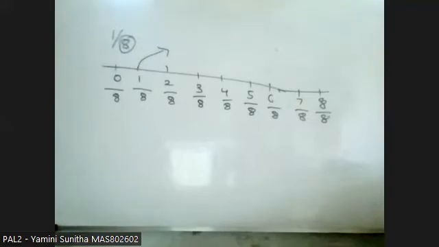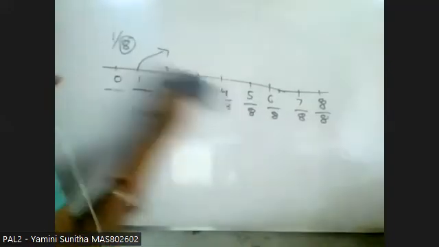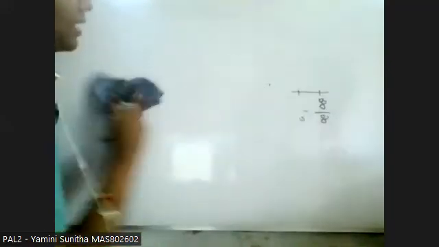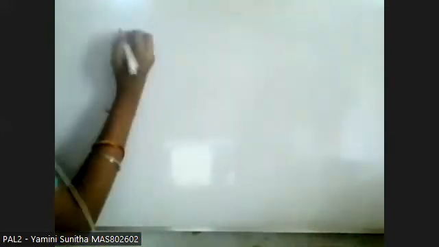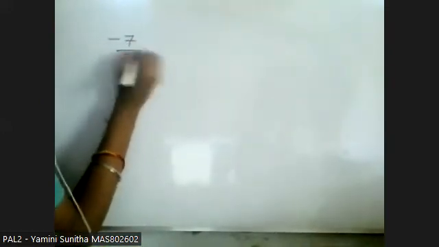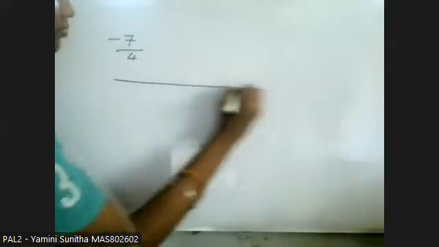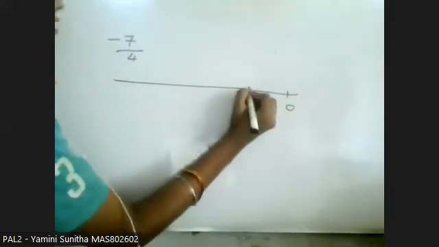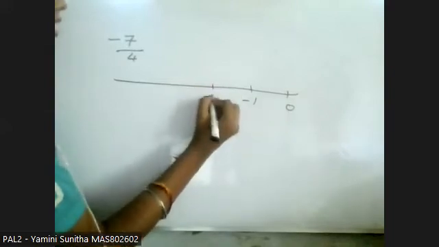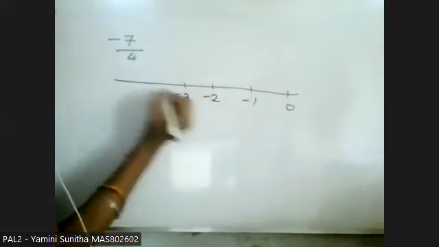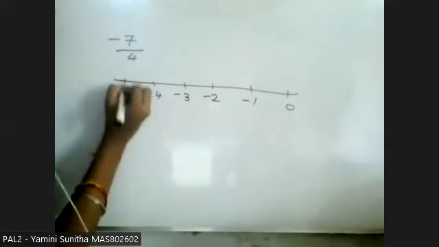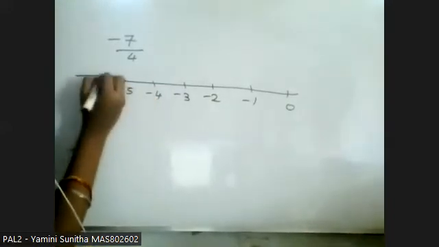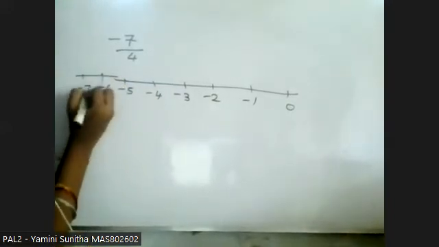Now, how to represent negative values? Let us take one more example, minus 7 by 4. For negative values, let us start 0 from this side: 0, minus 1, minus 2, minus 3, minus 4, minus 5, minus 6, minus 7.